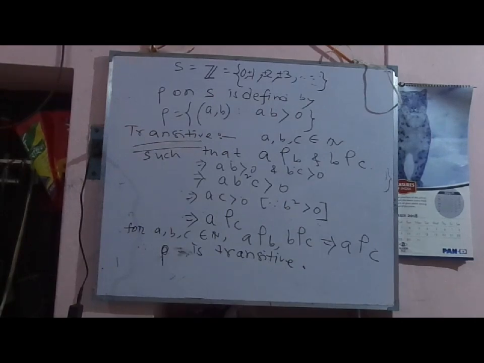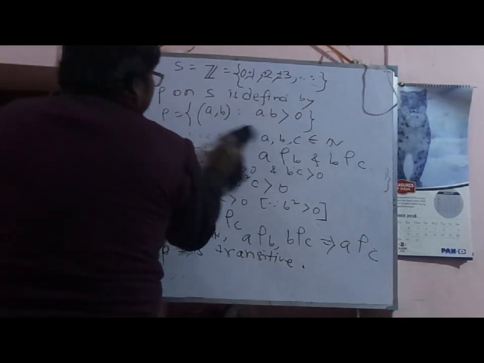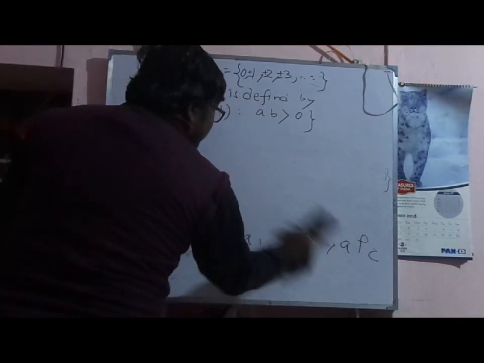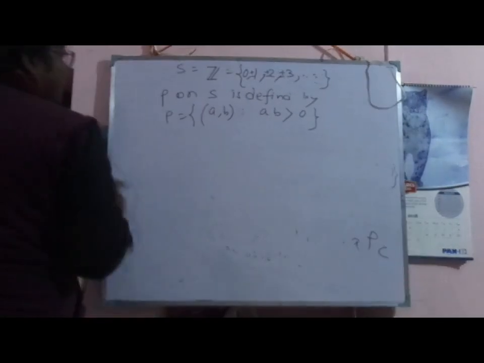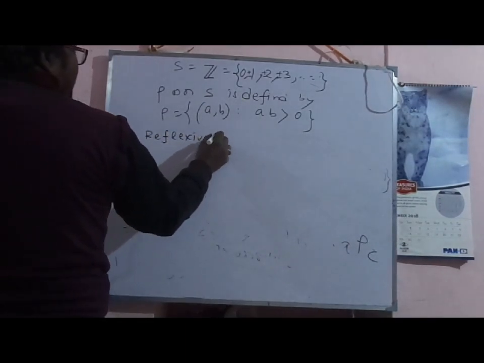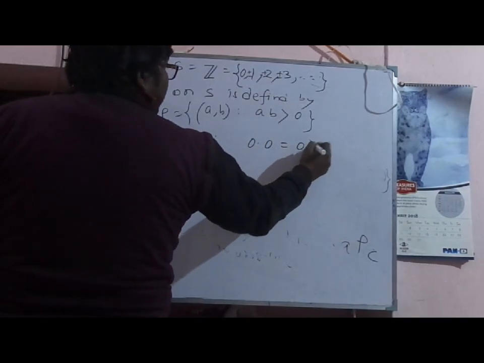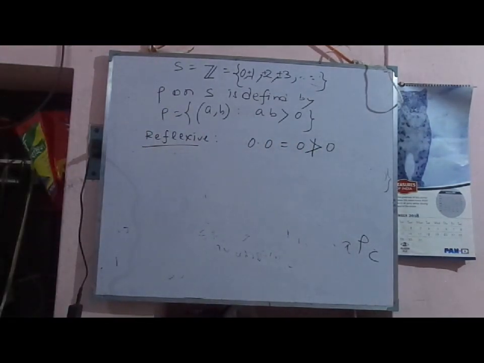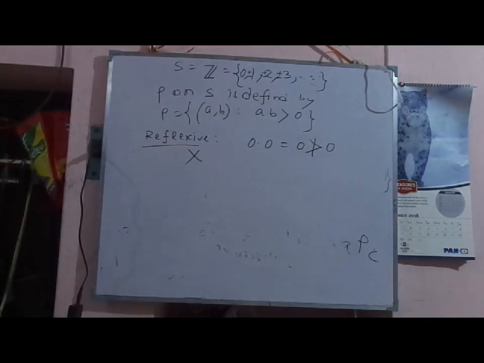Friends, this is not reflexive because here 0 times 0 equals 0, not greater than 0. Therefore, this is not reflexive. This is symmetric. You can proceed in the previous way.